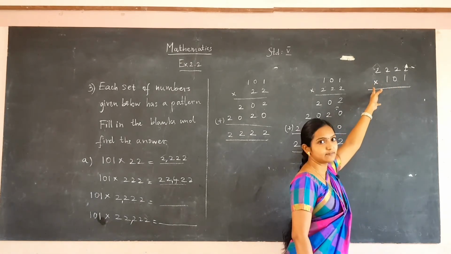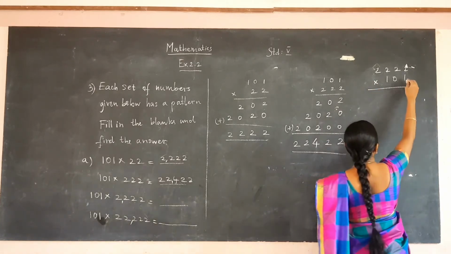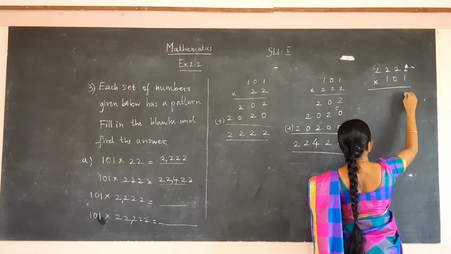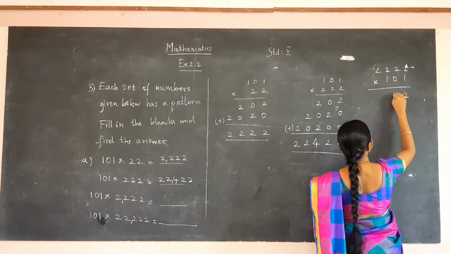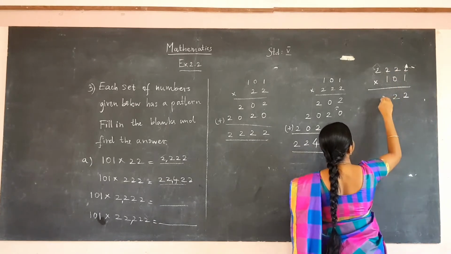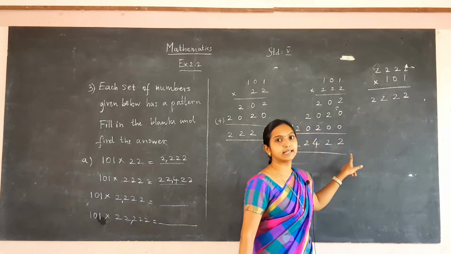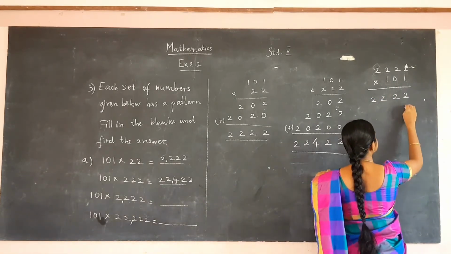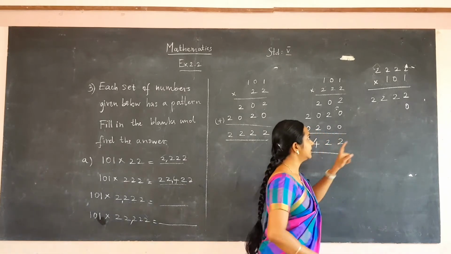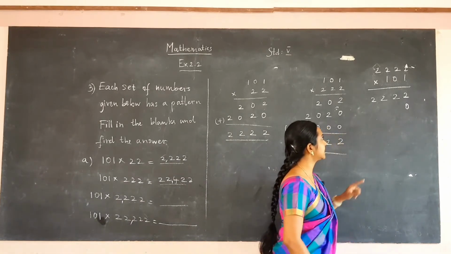Anyway, the answer will be the same. 1 into 2 will be 2, four times. Now we are going to write the second line. So put 0 in the first place and start writing from the second place.